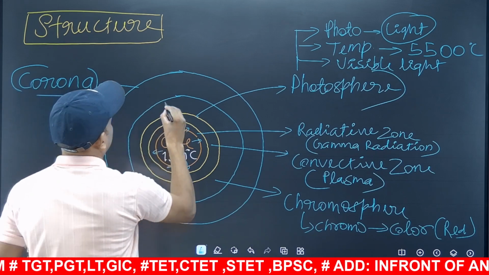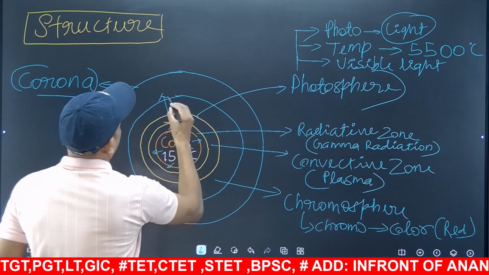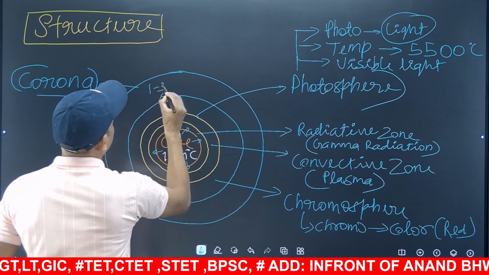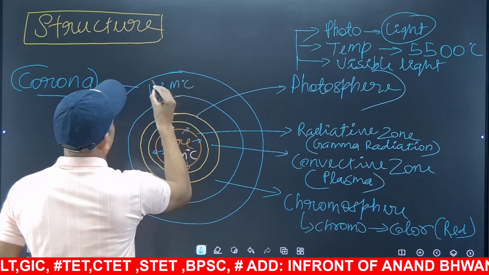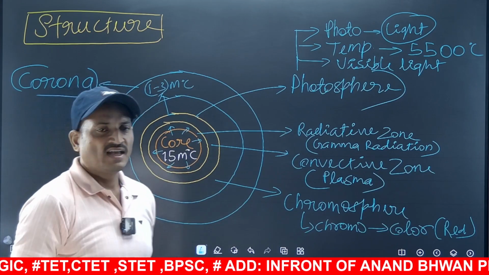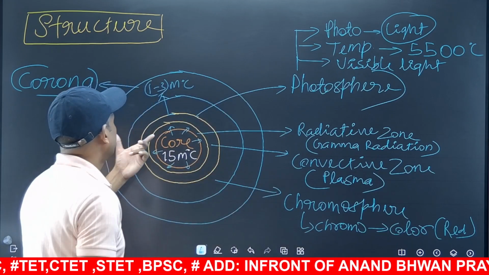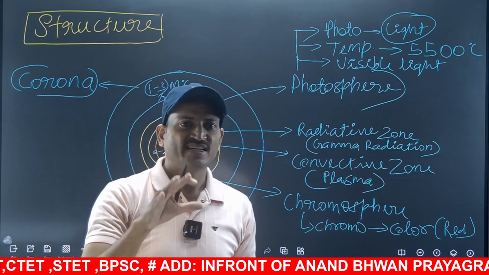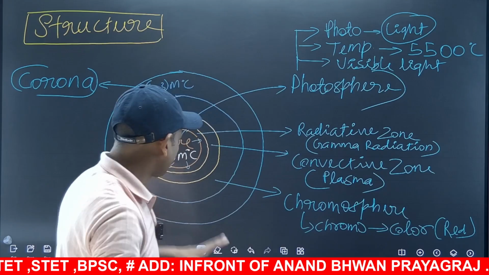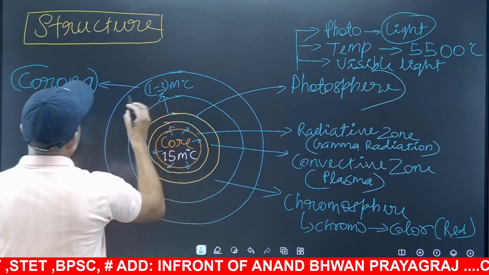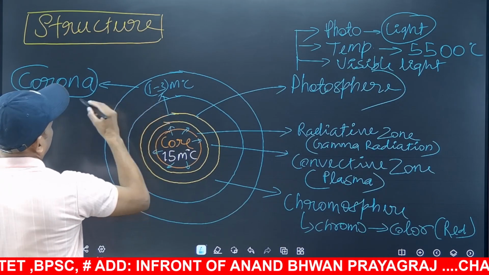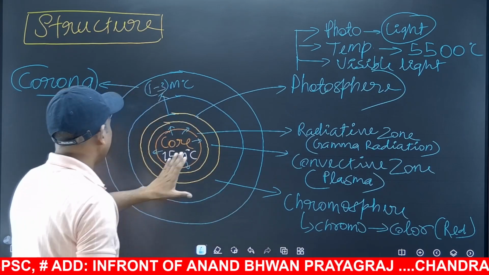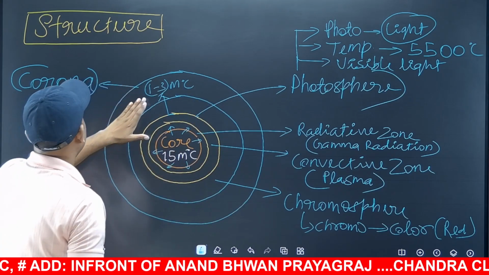Temperature further rises. In corona, it reaches around 1 to 3 million degrees Celsius. This rise of temperature is caused by various factors, including the magnetic field alignments and realignments of the sun. So if we talk about the atmosphere of the sun, the highest temperature is found at corona.